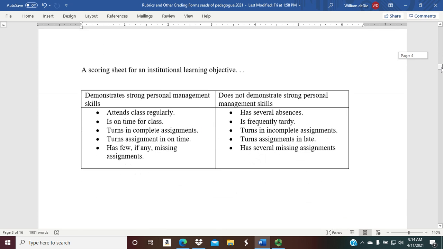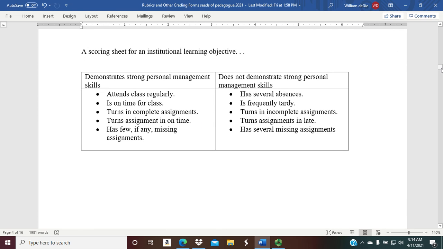As we take a look at other rubrics, this one here is for an institutional learning objective, demonstrating strong personal management skills. This rubric is set up as a yes or a no. Any student who is able to demonstrate all the rubric bullets on the left-hand side ought to have demonstrated strong personal management skills.